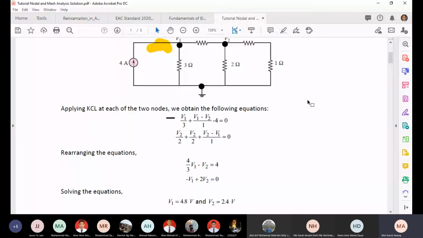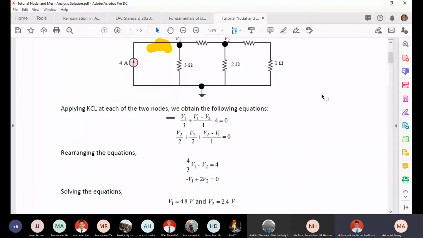Who got this right among all of you? One. I couldn't hear you. The answer is correct but the working is different. How is it different? You use nodal analysis or what?